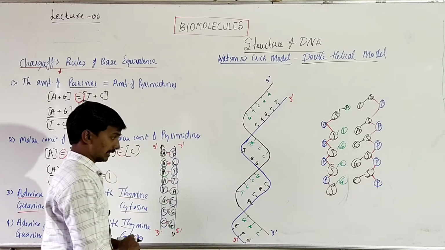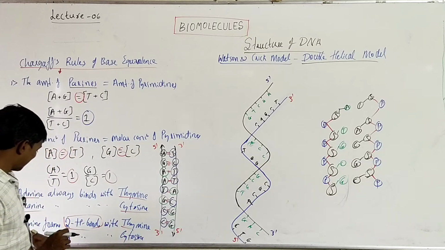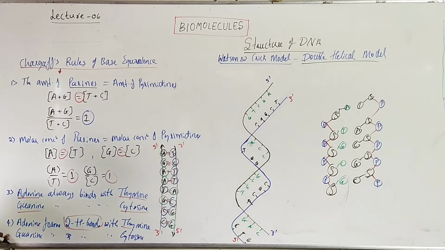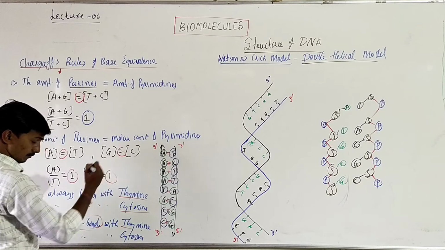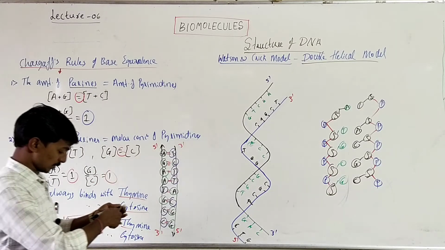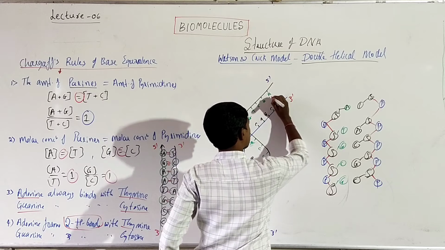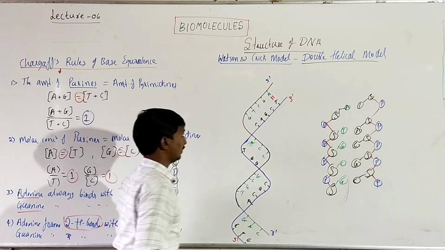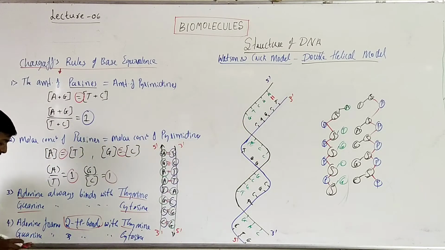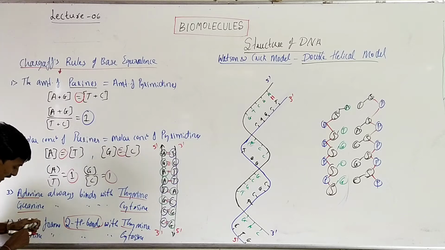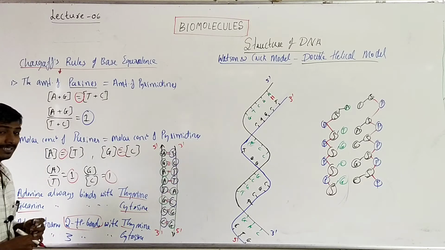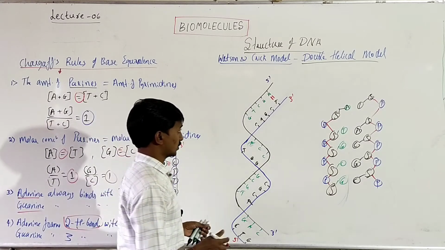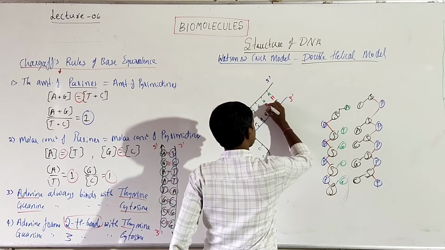Right? Now as the last rule suggests, adenine forms 2 hydrogen bonds with thymine. Guanine forms 3 hydrogen bonds with cytosine. So here 3.